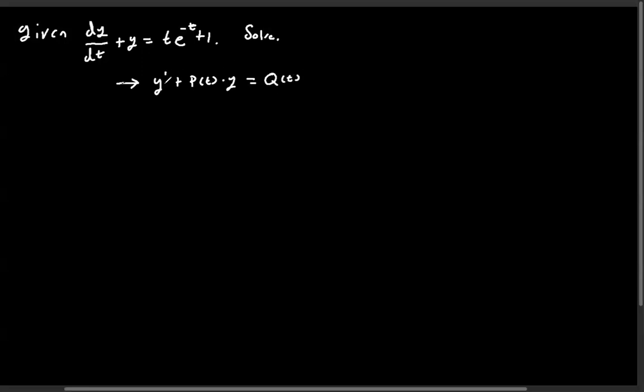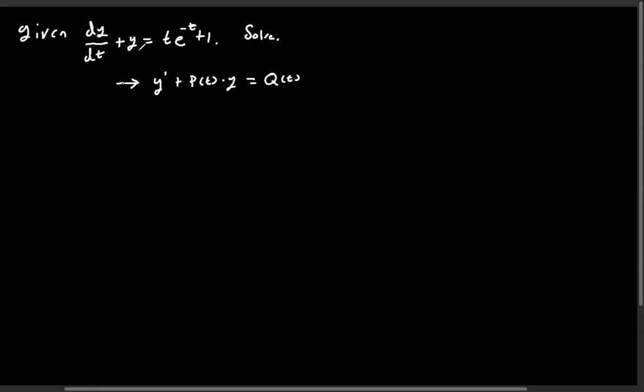So we have the first derivative plus some function times the original function equals some function, and everything is in relationship to time. If you can rewrite your differential equation in this form, it's a first order linear differential equation.